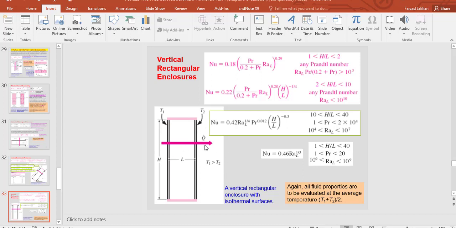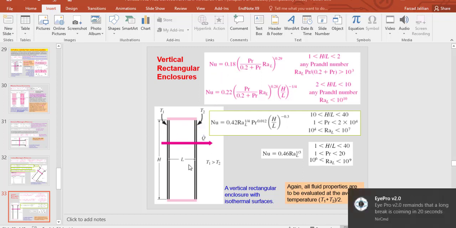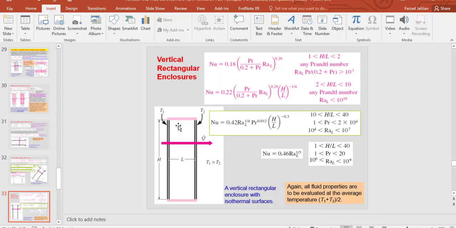How can we calculate that? By Newton's law of cooling, but we need to know the h. To find the h, we should use the Nusselt number. So for the Nusselt number of a vertical rectangular enclosure, we should use this equation, which is also valid when the aspect ratio H divided by L is between 1 and 2, and for any Prandtl number.